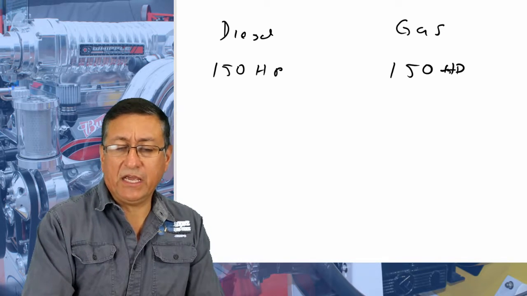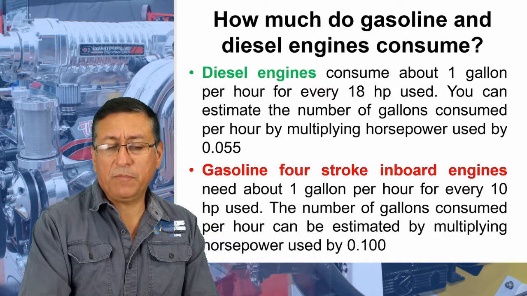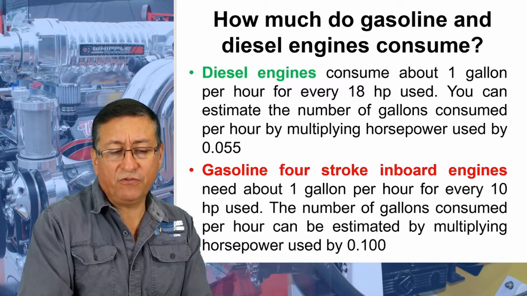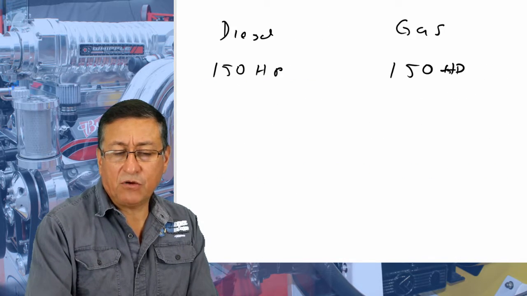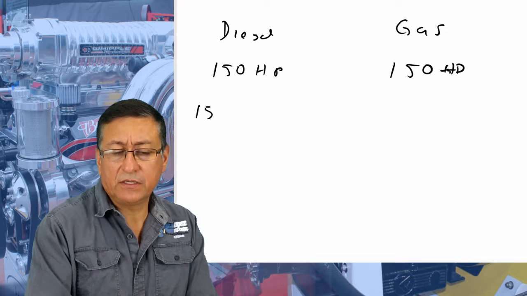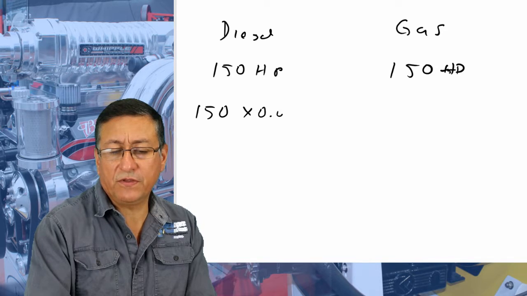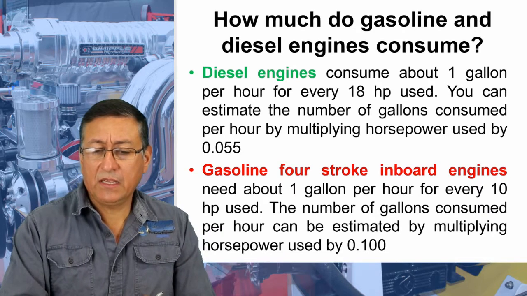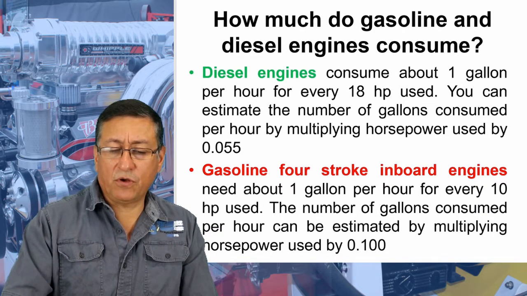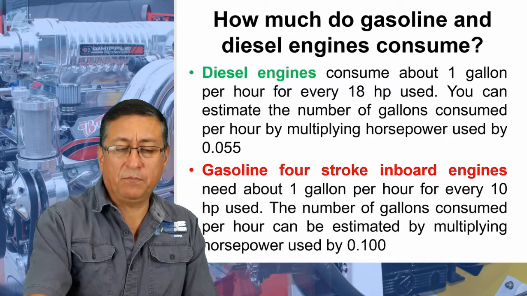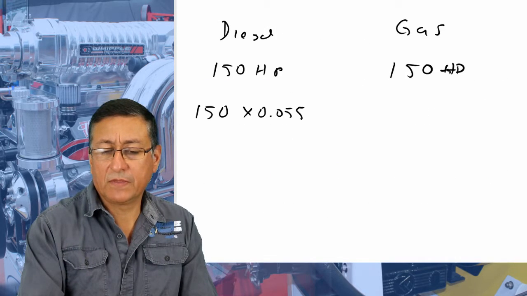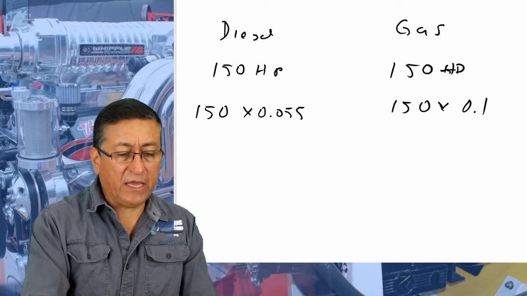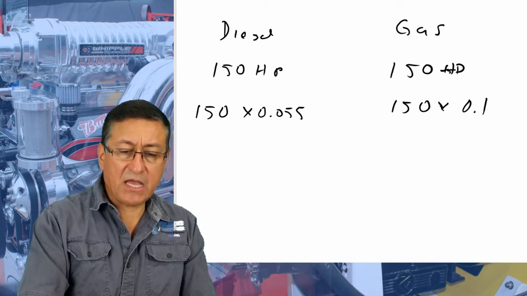And once again, for diesel, I am going to multiply the horsepower times 0.055, and for gasoline I am going to multiply the horsepower times 0.1.